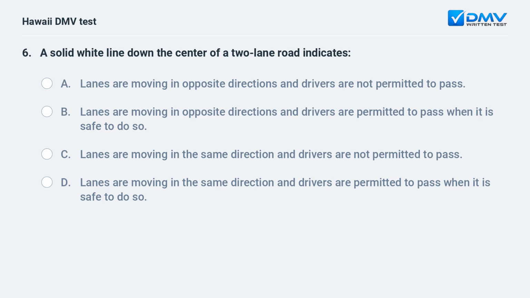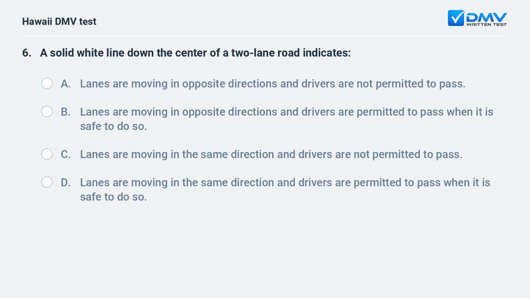A solid white line down the center of a two-lane road indicates A. Lanes are moving in opposite directions and drivers are not permitted to pass. B. Lanes are moving in opposite directions and drivers are permitted to pass when it is safe to do so. C. Lanes are moving in the same direction and drivers are not permitted to pass.